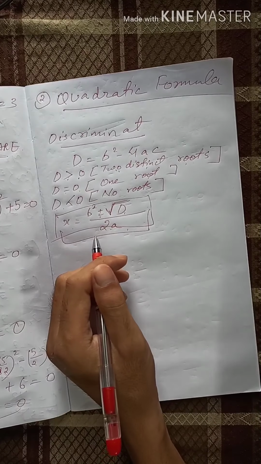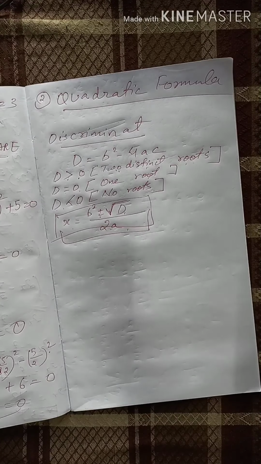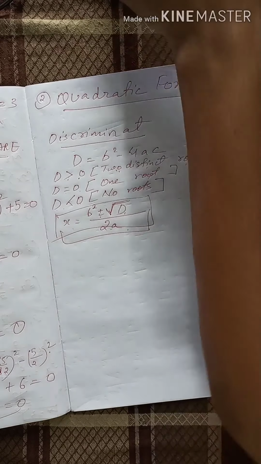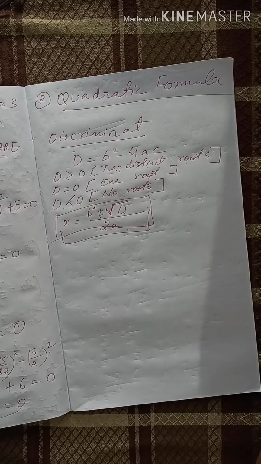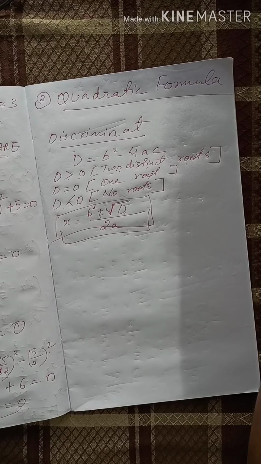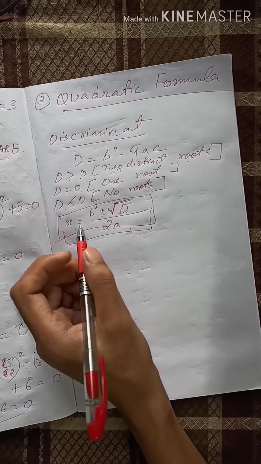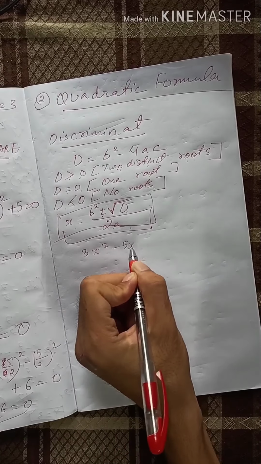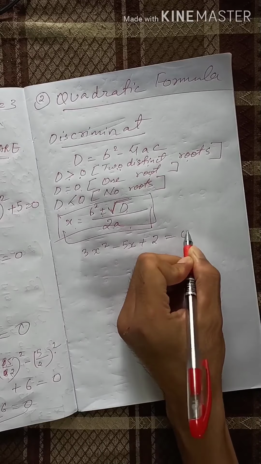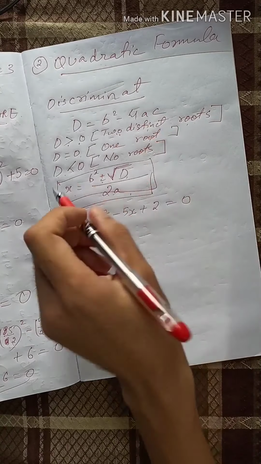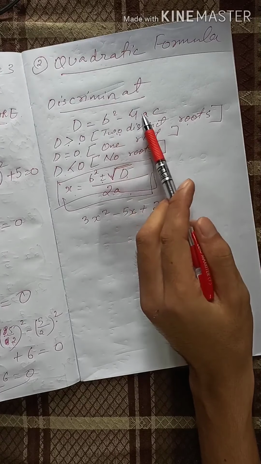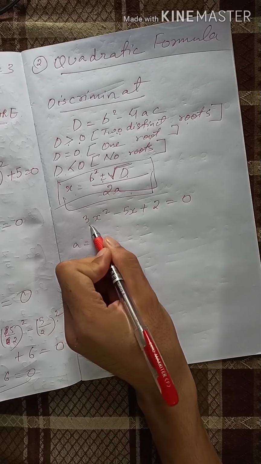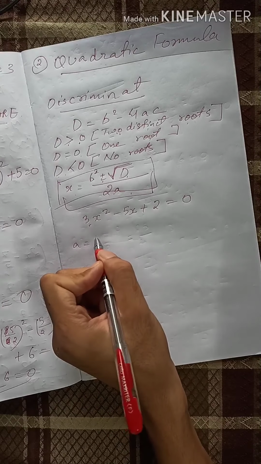Let me give you an example of this formula. For example, you have a quadratic equation 3x squared minus 5x plus 2 equals to 0. Now as you can see here, we have a, b, c. What is the coefficient of a? 3.